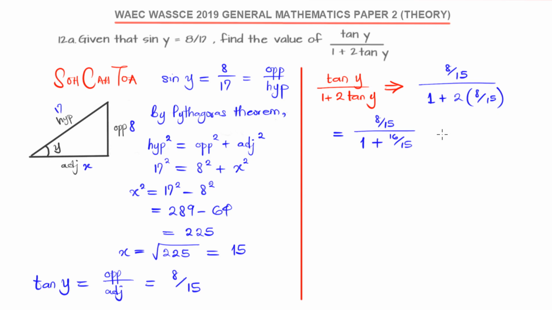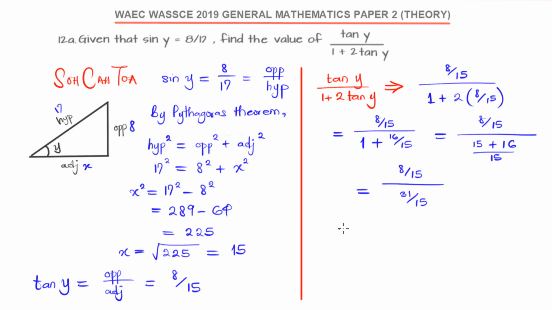For the denominator, we can just find the LCM. We still have the numerator intact. So 1 plus 16 over 15, the LCM is 15. 1 times 15 is 15, 15 plus 16 is 31. So this will give 8 over 15 divided by 31 over 15.